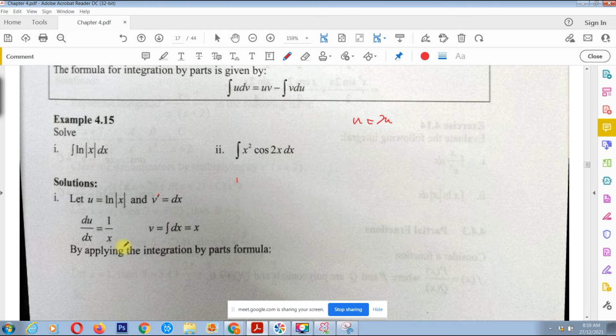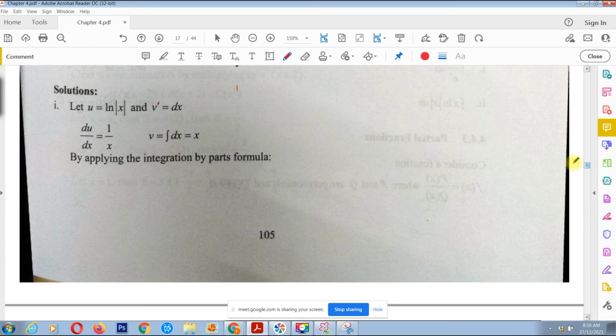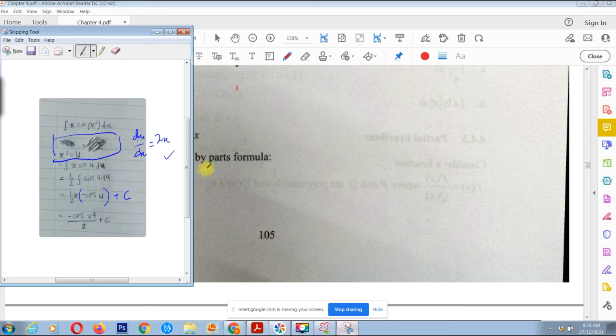Okay, and then using the formula here, we already have u, we already have v, we have du, we have dv.